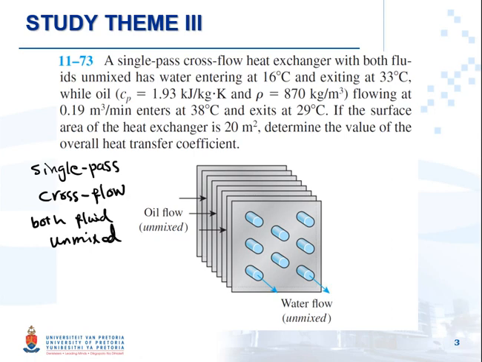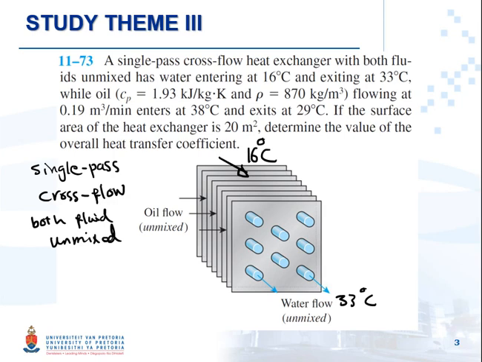Has water entering from that side at 16 and exiting at 33. So the water is our cold fluid. Why? Because it comes in with the lower temperature and goes out with a higher temperature.